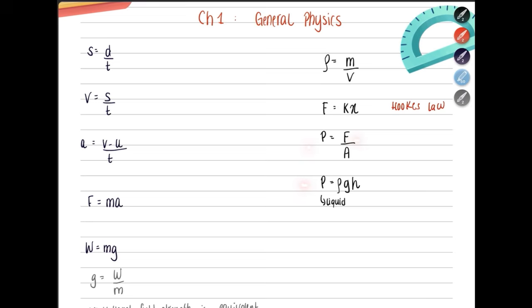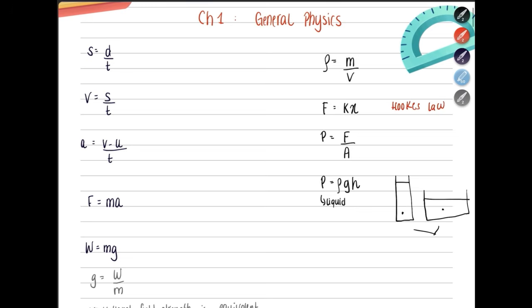And then you have two equations for pressure. Pressure equals force over area. The unit for pressure is pascals. When you have a liquid pressure, you have to say density, gravitational field strength multiplied by height. As the height increases, that means if you have an object which is submerged greater in the liquid, it's going to experience a greater pressure. The surface area does not matter, okay? Only the height matters.